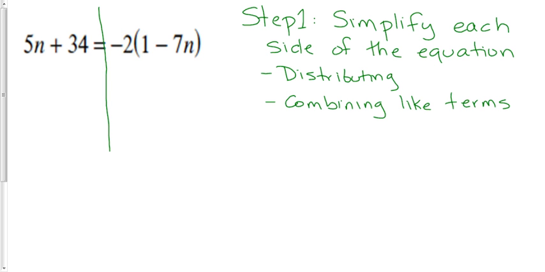So there will be some where you don't have to do either. Some of them are already simplified for you. There'll be others where you just have to distribute, or maybe you just have to combine like terms, and there's some where you have to do both. Okay, so we're going to check.